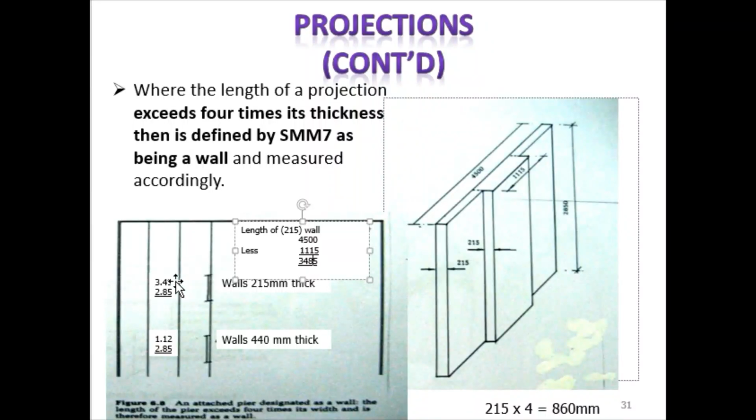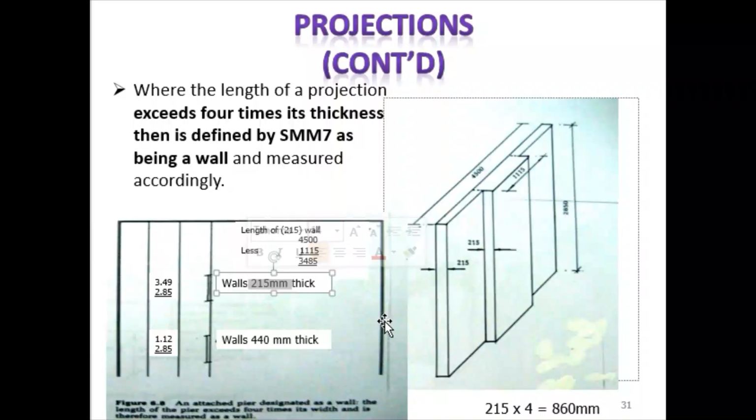So you just state the wall thickness as 215. Both remaining parts have a thickness of 215 and the middle is 440.